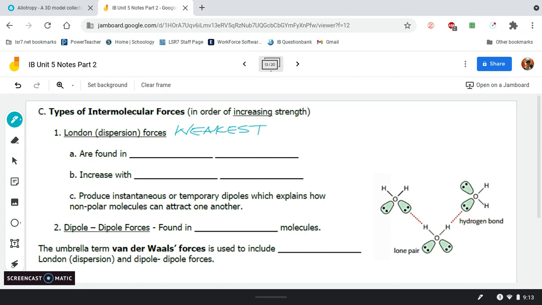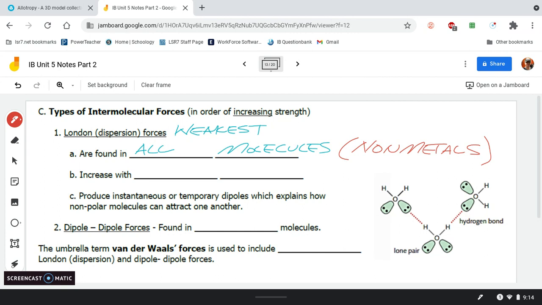Well, they are going to be found in all molecules. But you may not remember that molecule is a word that we reserve for non-metals. So if your compound doesn't have metals, then it does have dispersion forces.